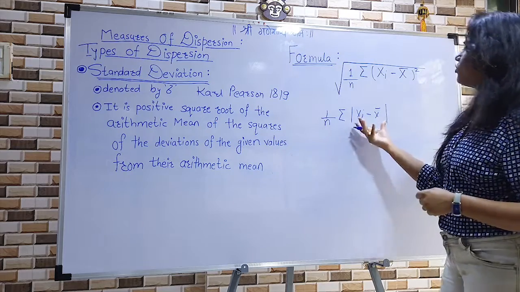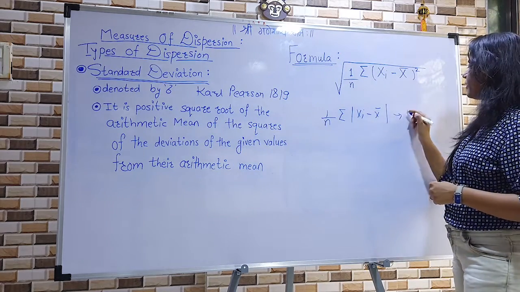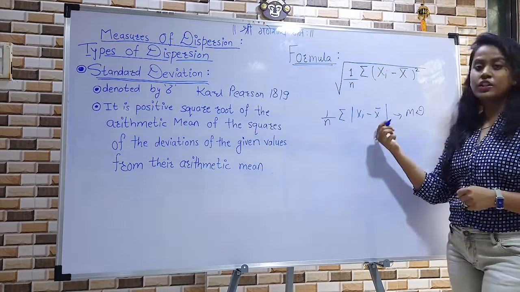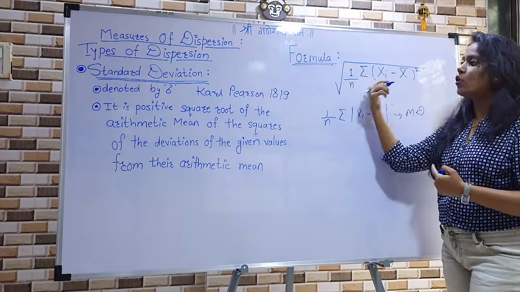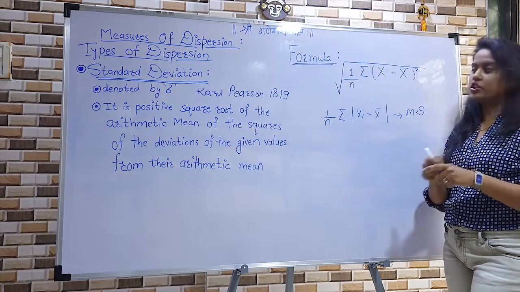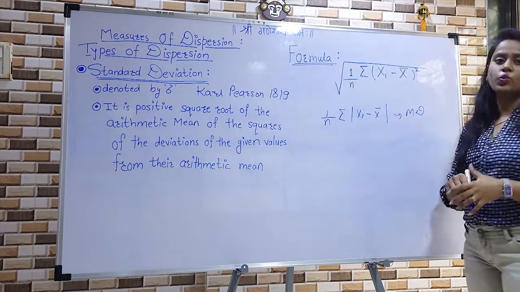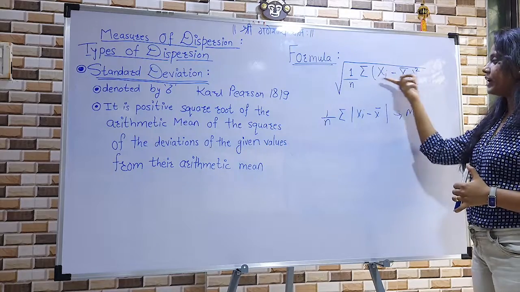What was the drawback of the mean deviation? Basically it was ignoring your signs completely. This drawback is overcome in the standard deviation just by taking the squares of your differences.